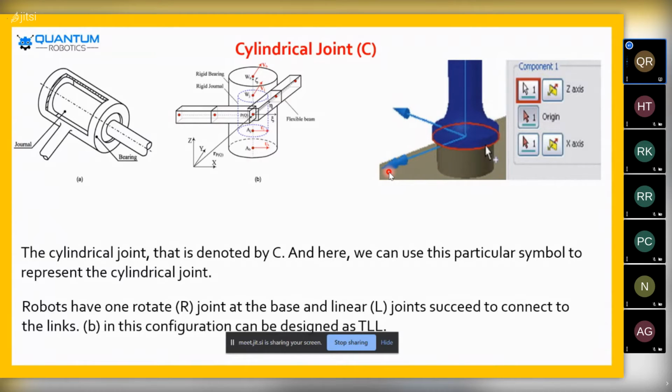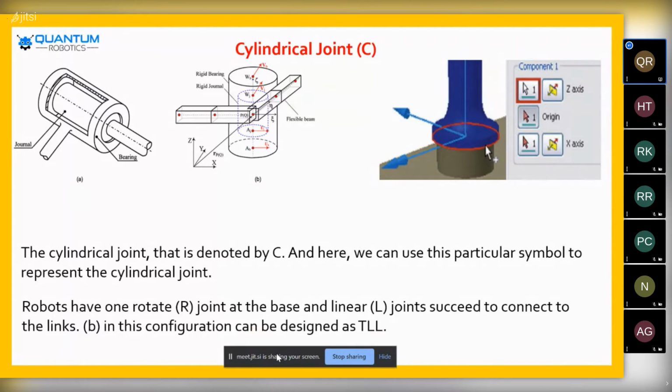The cylindrical joint is denoted by C, and we use this symbol to represent it. The robot has one rotary R joint at the base, and a linear joint L, which connects to the link B.